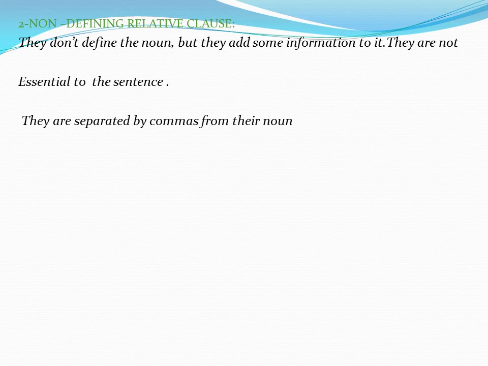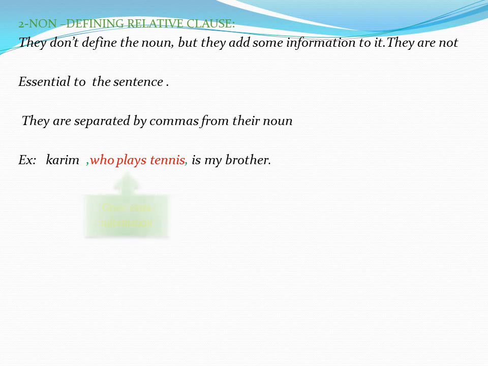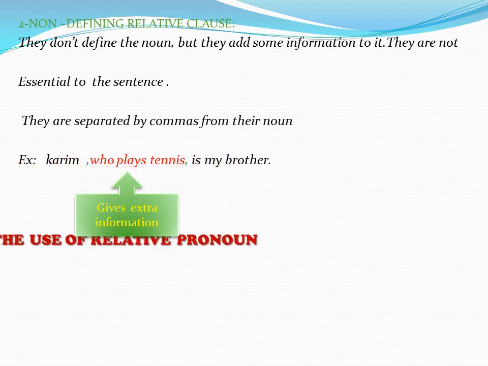Because it comes between commas; it is separated by commas from the noun. Like in this sentence, Karim, who plays tennis, is my brother. Here, who plays tennis only gives us extra information about the noun Karim. It doesn't make Karim unique.